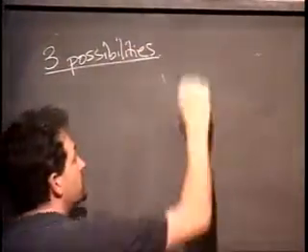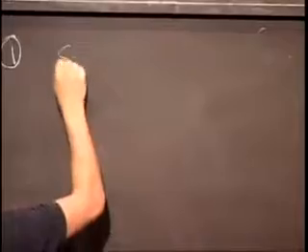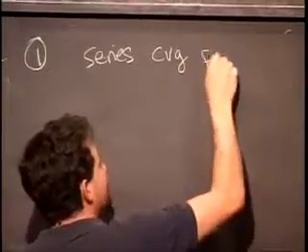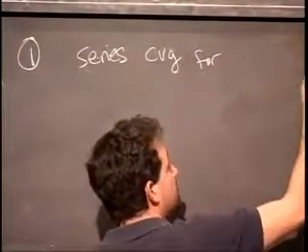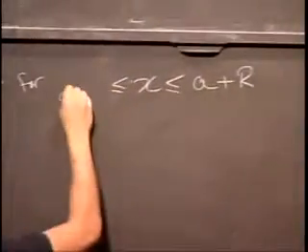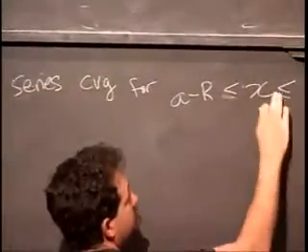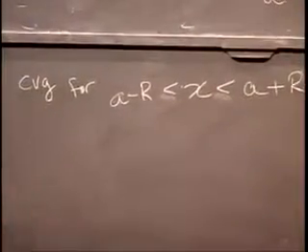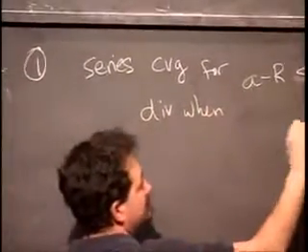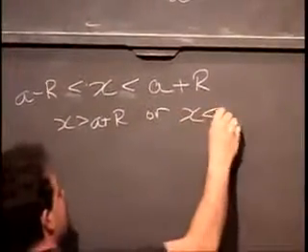Three possibilities. Possibility 1. The series converges for x no more than a plus r or less than a minus r, and diverges when x is bigger than a plus r or x is less than a minus r.